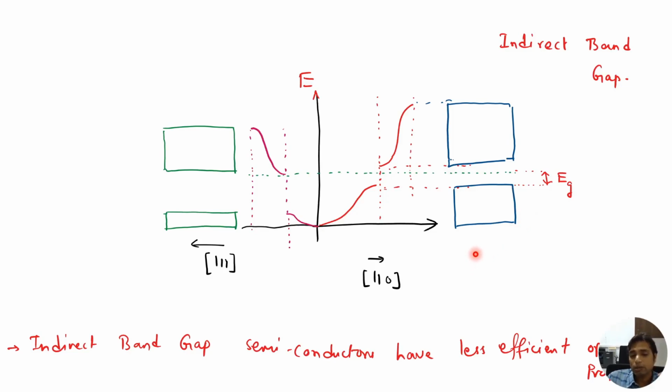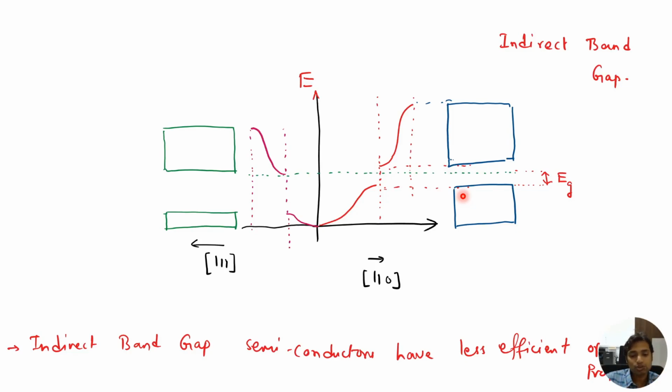And for optical properties, what we need is for the optical transition to happen only when the electron doesn't have to change its direction. If it changes direction, we have to satisfy the conservation of momentum as well.